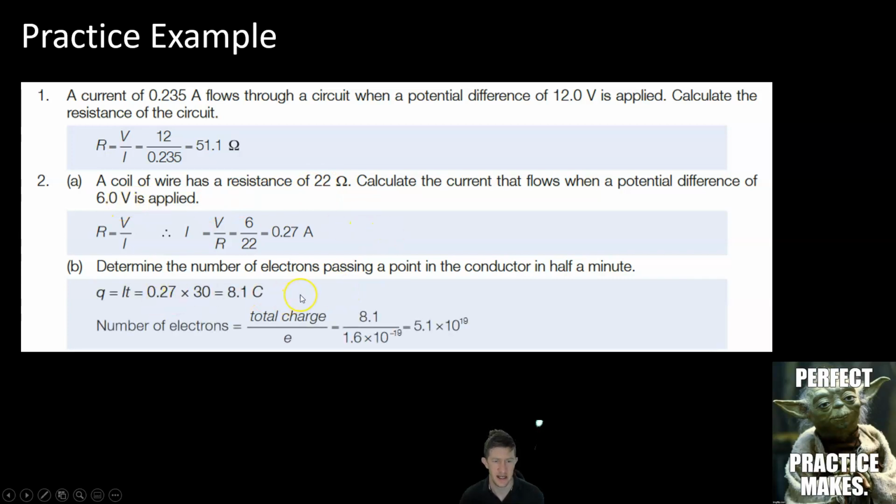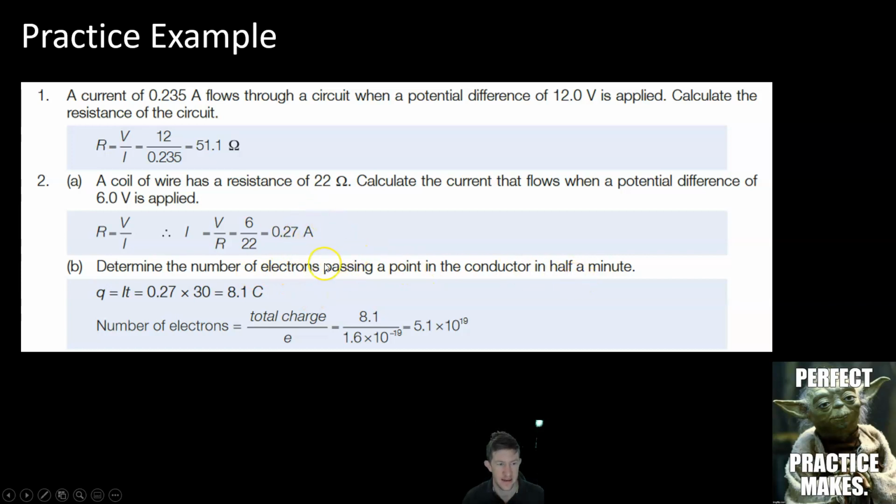And lastly, really the only trick here was that it was half a minute. So you needed to just convert that to 30 seconds. So this was using the Q equals IT, so the charge is equal to the current times the time. Or you could maybe have done it a little bit differently if you just thought about, well, how many electrons pass a point?